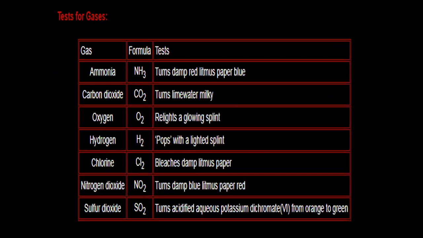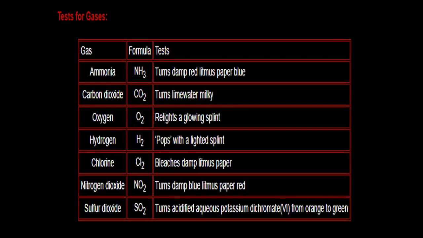And there are different kinds of gases that we have also studied in our previous classes. Ammonia: how can you identify the presence of ammonia? You react it with moist litmus paper. The red litmus paper turns blue, because ammonia is basically a base.